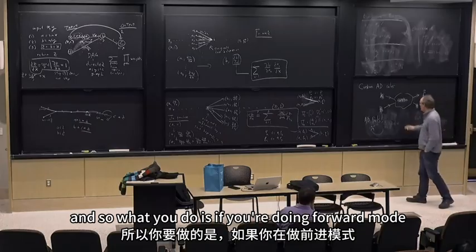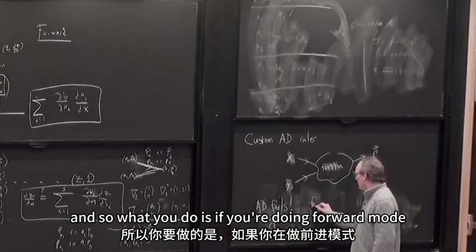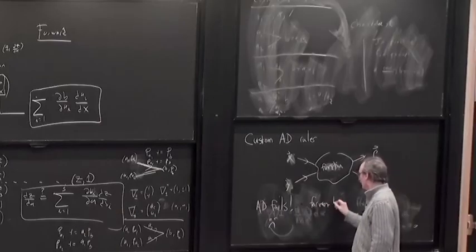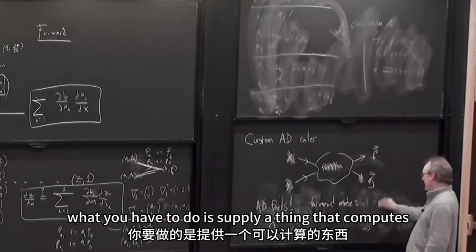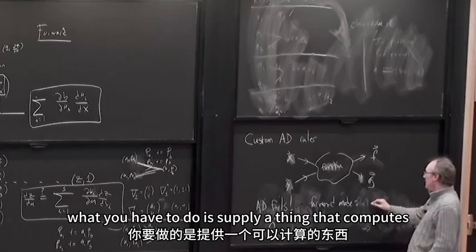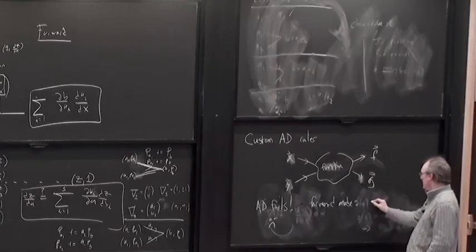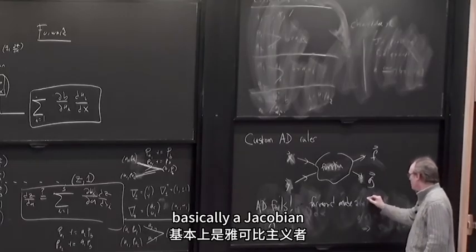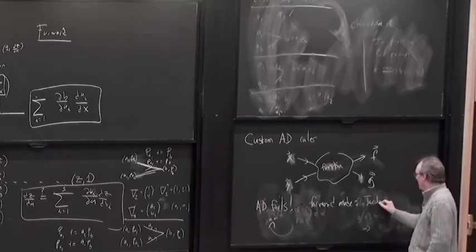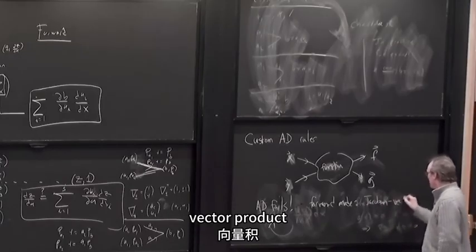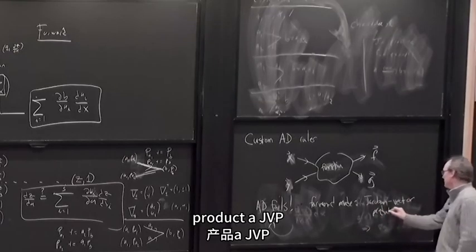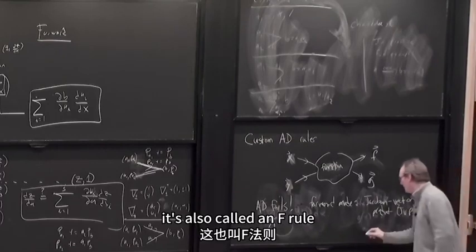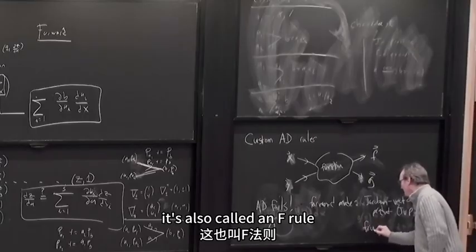And so what you do, if you're doing forward mode, is supply a thing that computes basically a Jacobian vector product, or a JVP. It's also called an f rule.